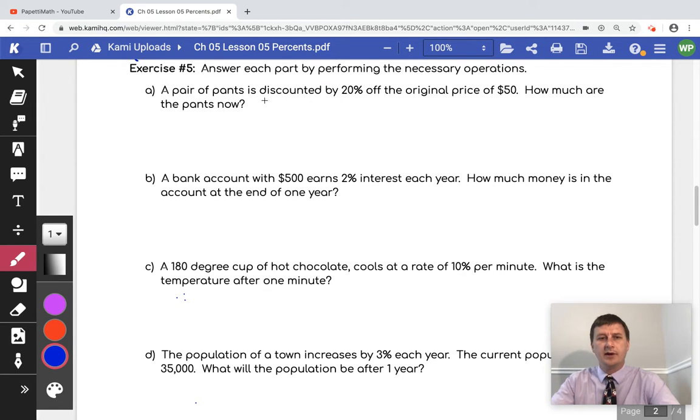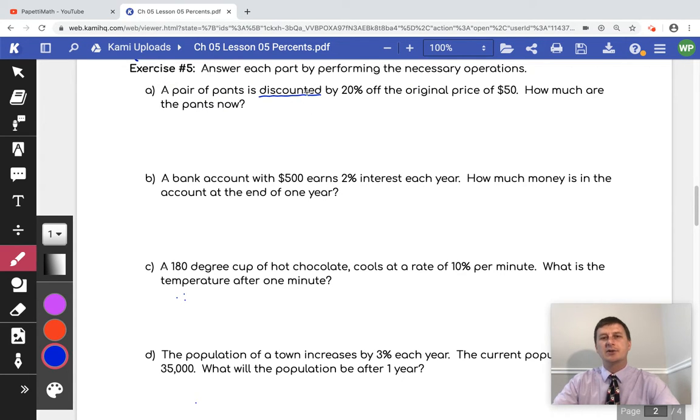So we are discounting something. We should know that discounting means taking 20% off. We're going to be subtracting 20% off of 50. We're going to try to use one operation for each of these. And just as we did in exercise number 4, we're going to take 20% off of the 100% you would normally pay.